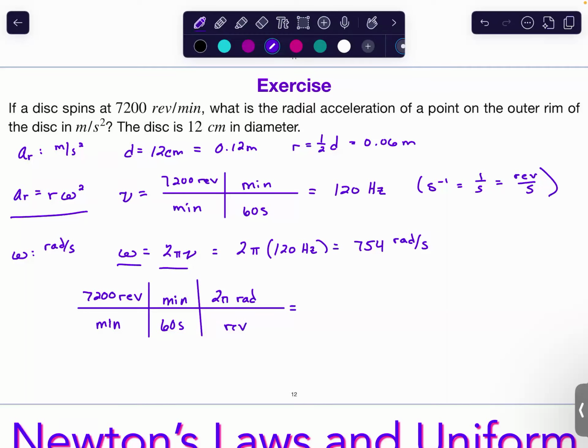Of course all the units on top and bottom that are the same will cancel out. You have radians per second. I want to make sure that you're equating radians per second with angular velocity.